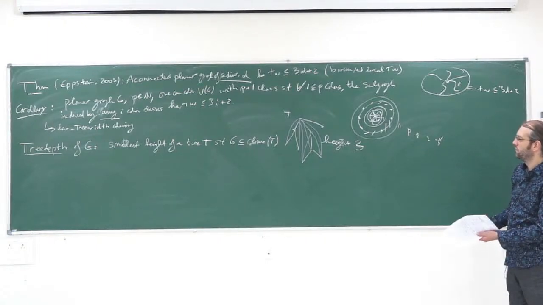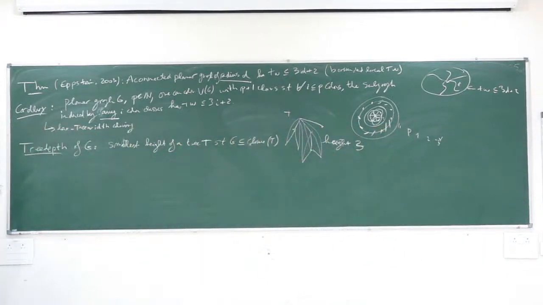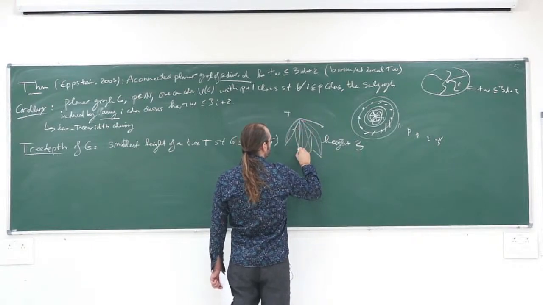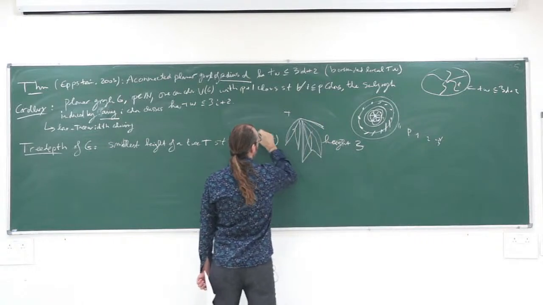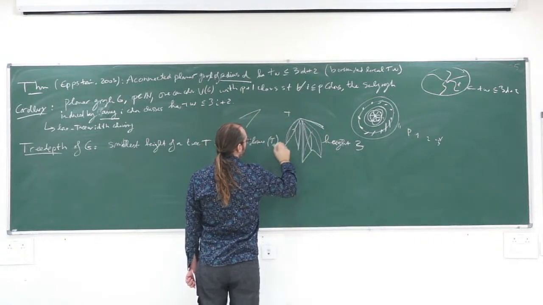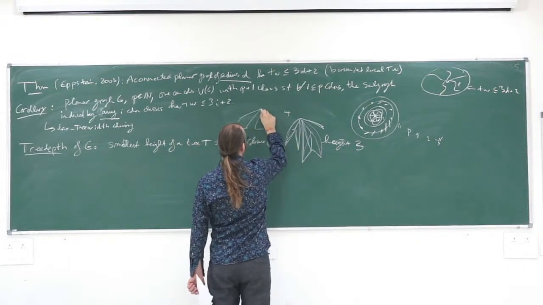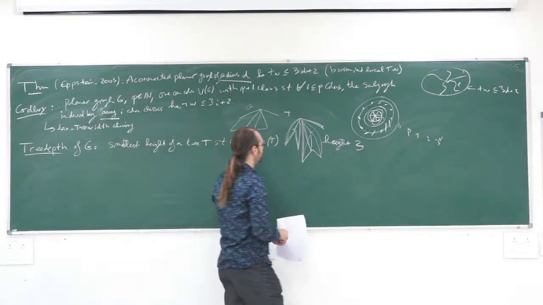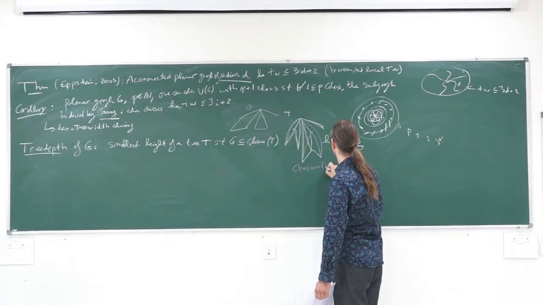So I want to hide my graph inside this. I want it to be a subgraph of this thing. For example, let's take this, and then I have a triangle. So this graph G is a subgraph of the closure.